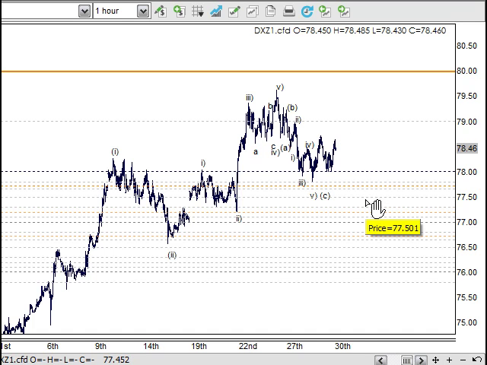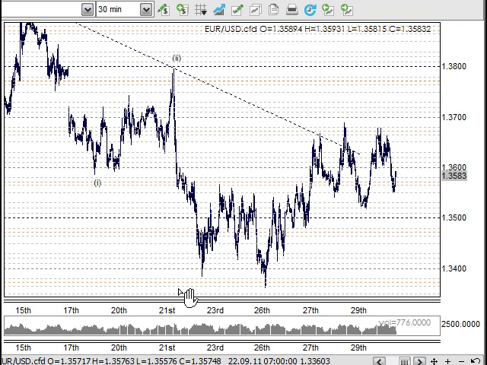We'd be looking for 5 waves up in the US indices, and the opposite to this would be the euro as well. So with the euro there, if this broke here, came down through here, then we'll see the euro go up, and the euro would go up in line with the indices as well. So we just need to play that out there.